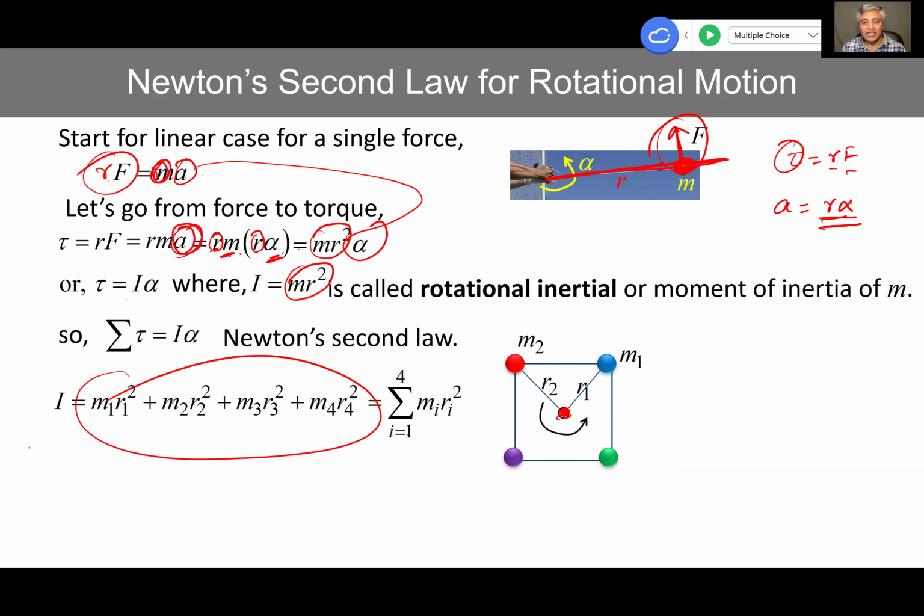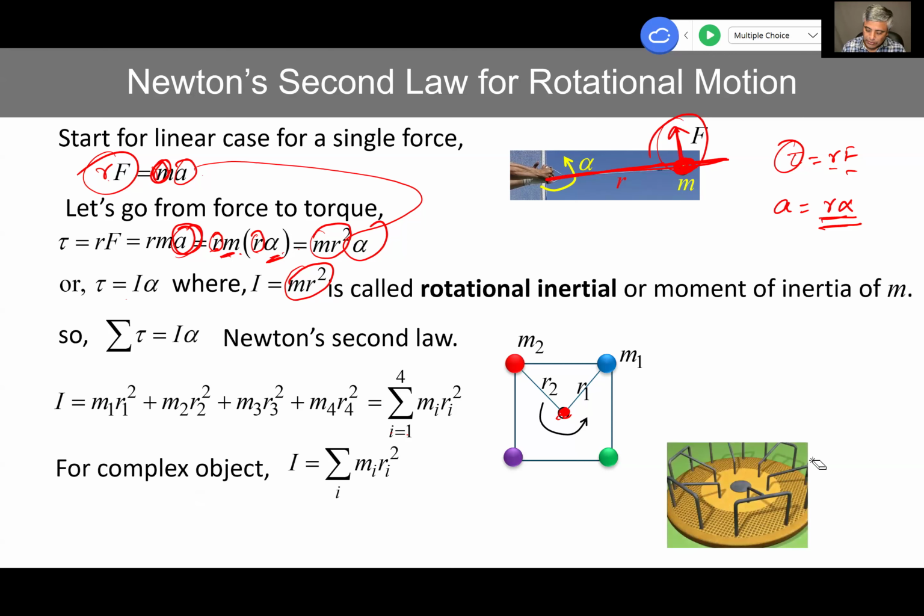And whenever needed, you can find the formula for rotational inertia written in the book, or you can also search on the internet, okay? So it's going to have a formula, and I'll tell you what that means pretty soon.